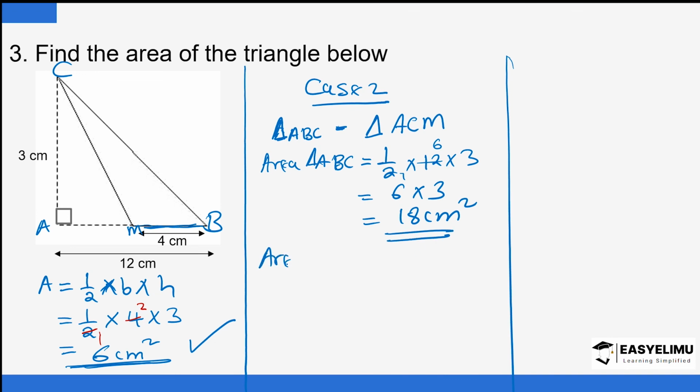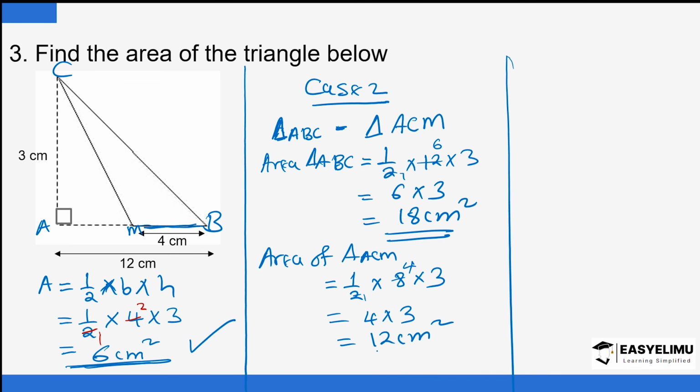Then area of triangle ACM, a half times, now 8, because the whole length is 12 and this is 4. So half by 8 by 3. So 2 here, 1, 2 there, 4. So that is going to be 4 by 3, which is equal to 12 square centimeters.